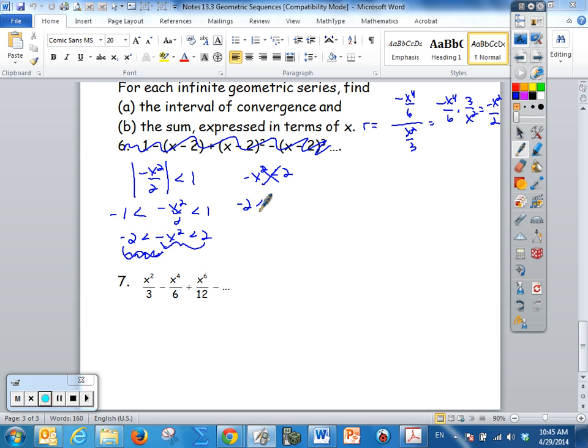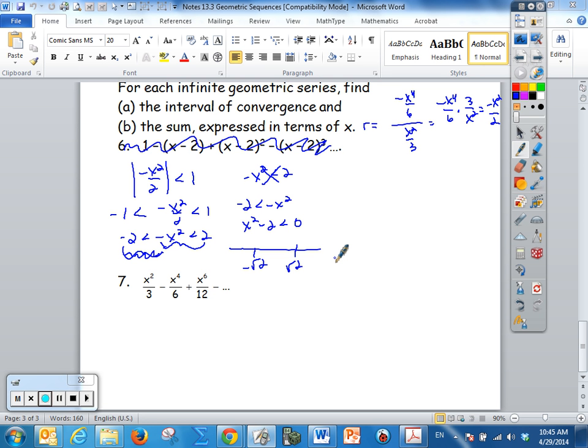So negative 2 less than negative x squared. Again, move everything to one side. I'm going to move it over there. x squared minus 2 less than 0. We factor. We get negative root 2 and positive root 2. I'm not showing the factoring part. Do I need to, or are we okay?